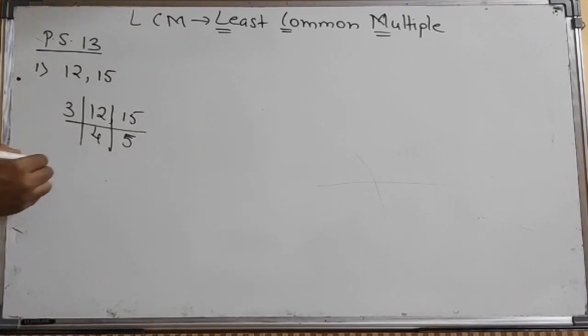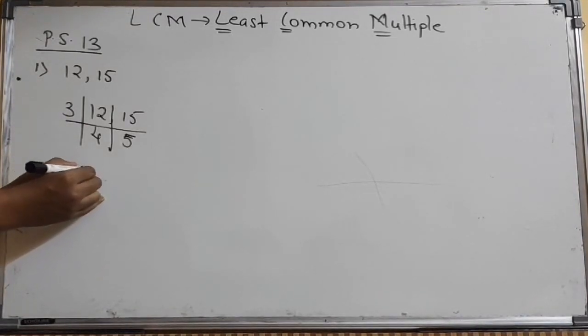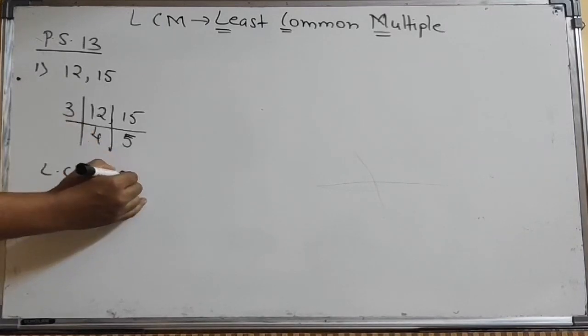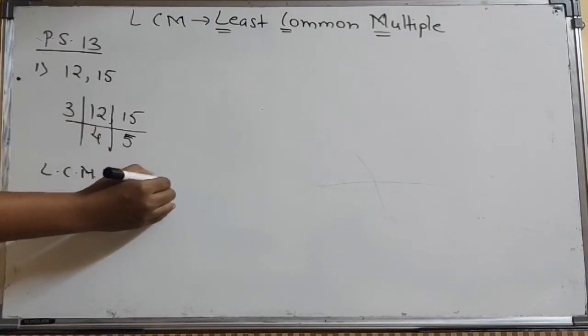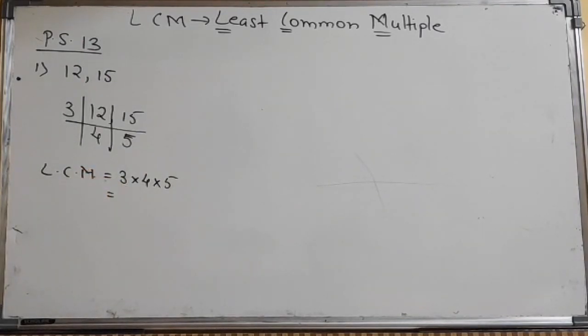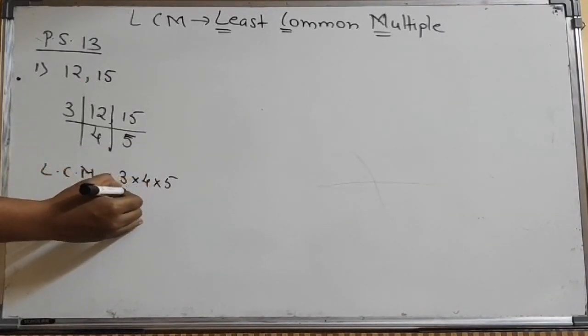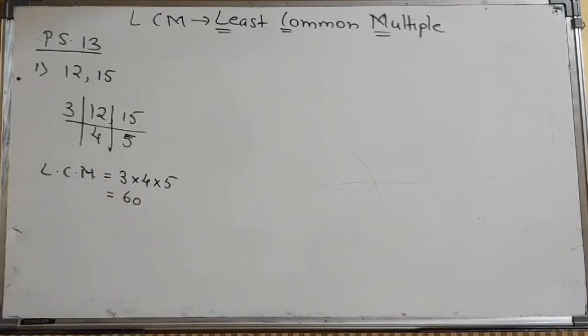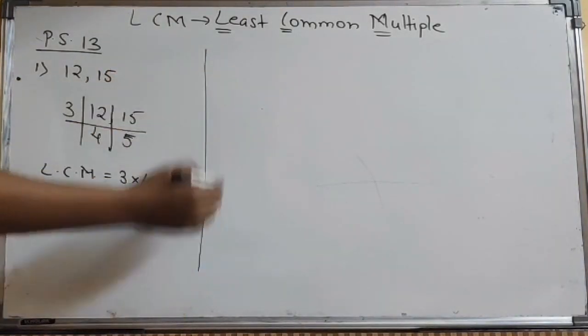So LCM you have is 3 into 4 into 5. What is 3 into 4 into 5? 3 fours are 12, 12 fives are 60. So LCM of 12 and 15 is 60. Okay, now let us look into sum number 2.